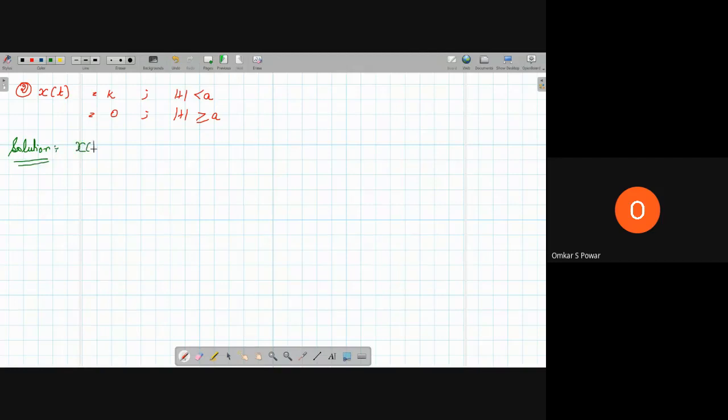So x of t is equal to k if t varies between minus a to plus a. So that is the meaning, modulus of t less than a means, okay, or is equal to 0 otherwise. So always remember, if this comes like this, 0 otherwise, then it is energy signal only. So it is not periodic, non-periodic, and therefore energy.